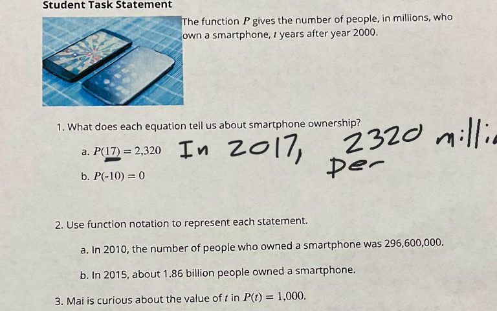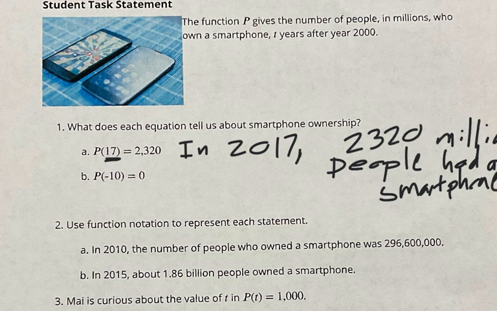Wait, how many people? 2,320 million. If you want to convert it, you can. So what would 2,320 million people be? 2.32 billion, or 2,320,000,000. You can convert it, or you can leave it.